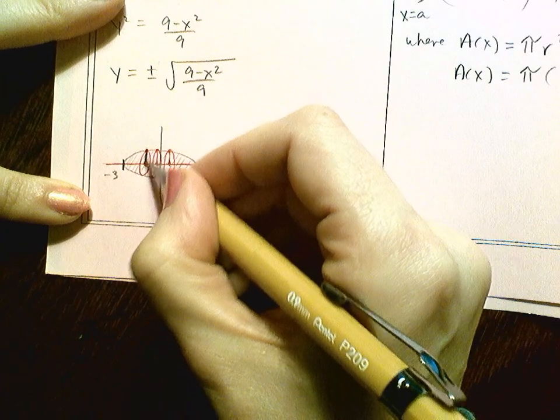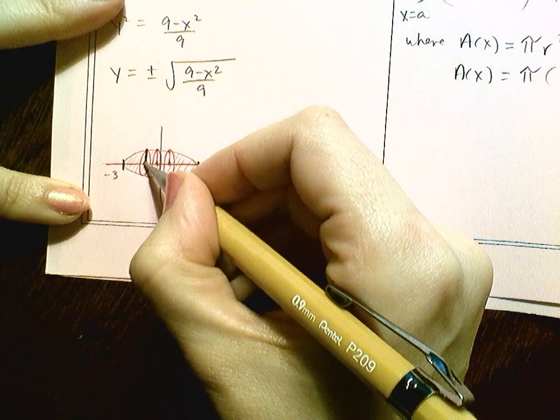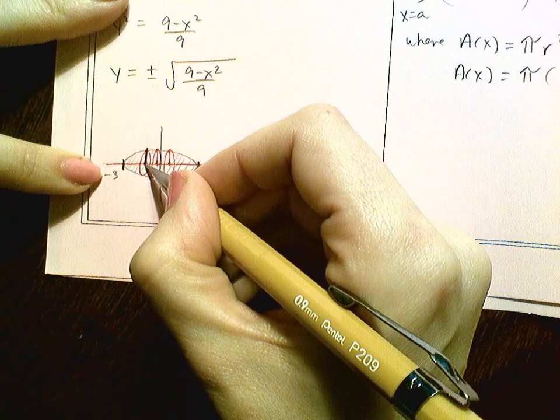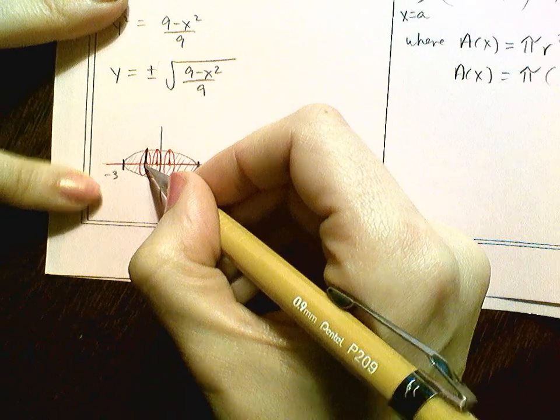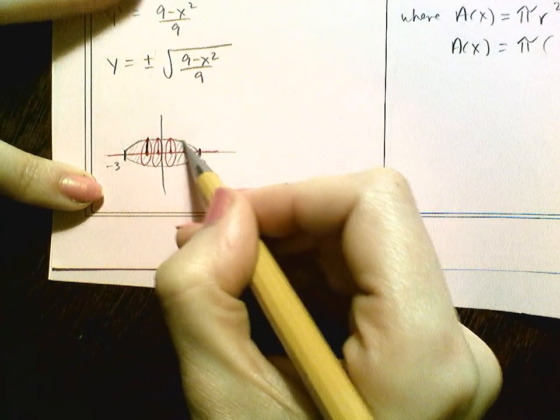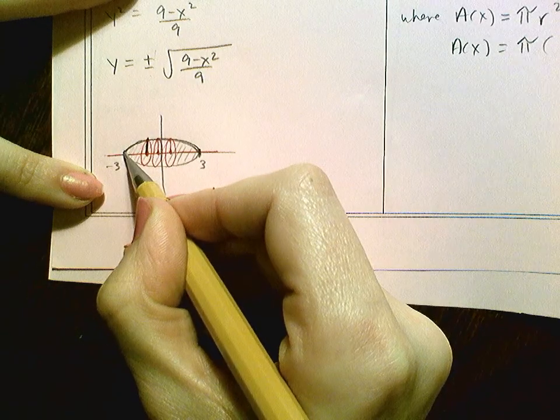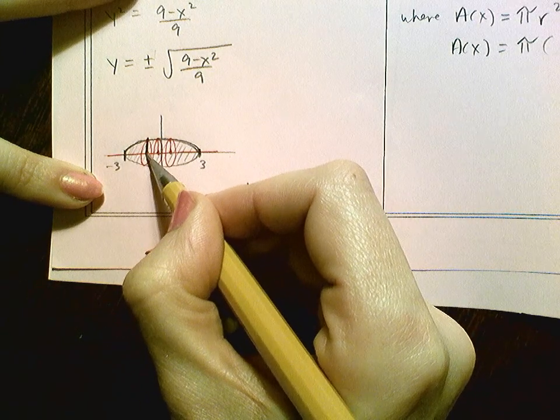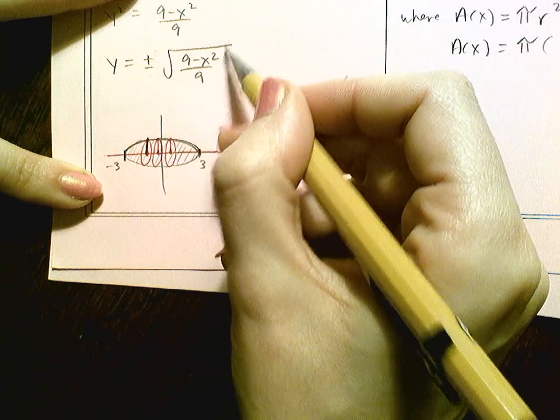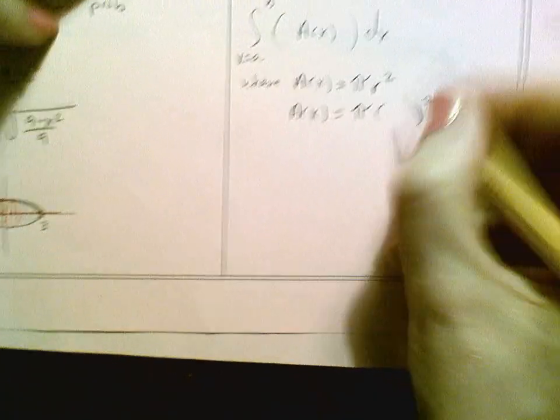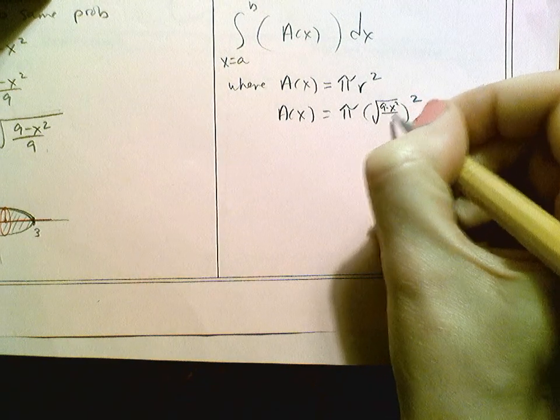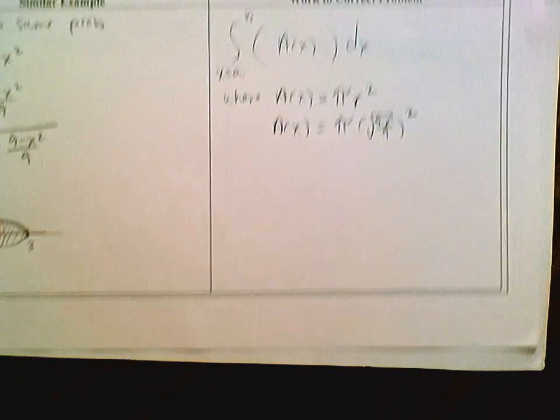And since the length goes from top to bottom, you're going to do top minus bottom. So top minus bottom would be the top half of this ellipse, which is the positive part, and then the bottom would be 0. So it's the positive one minus 0. So it's just this, 9 minus x squared over 9, just like that.